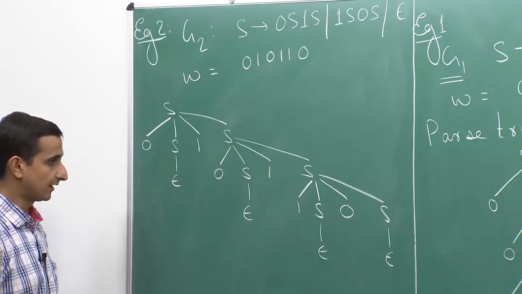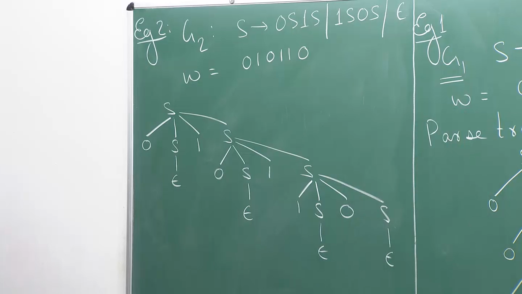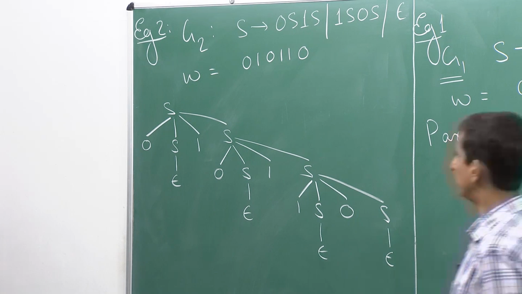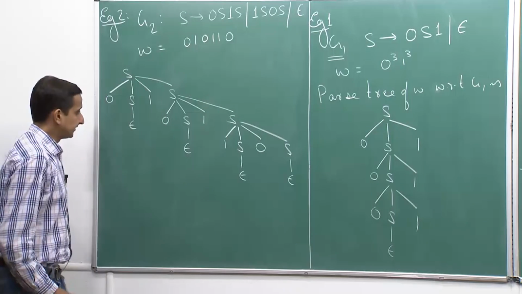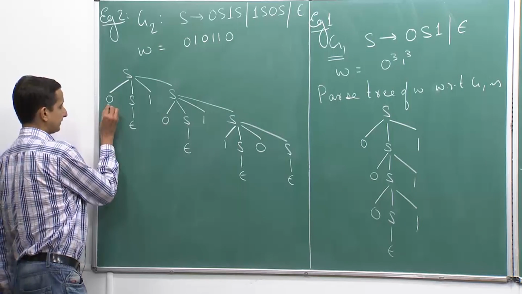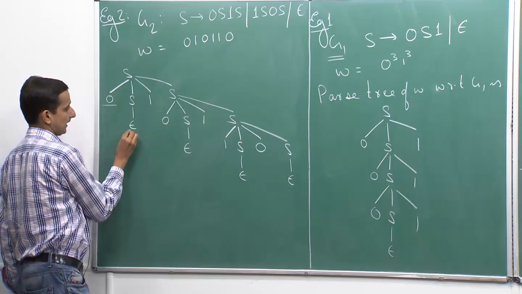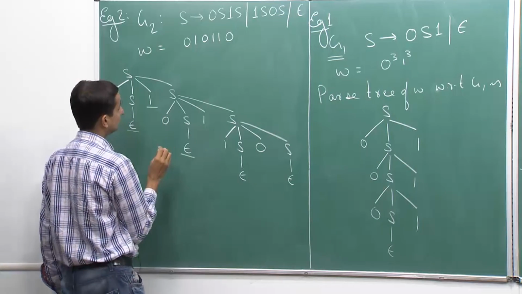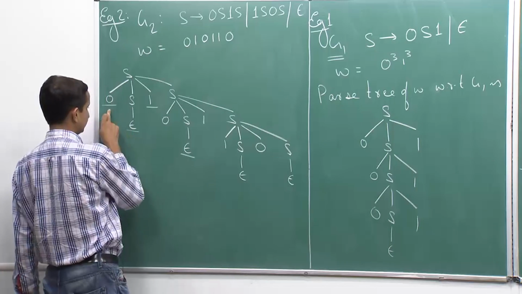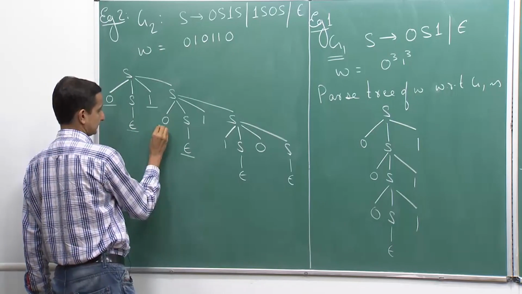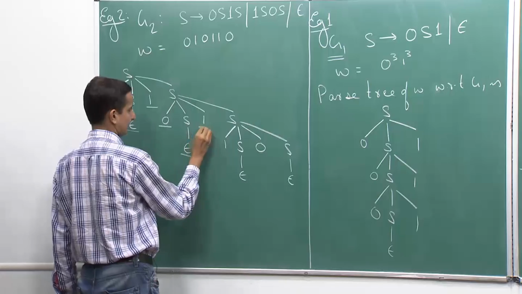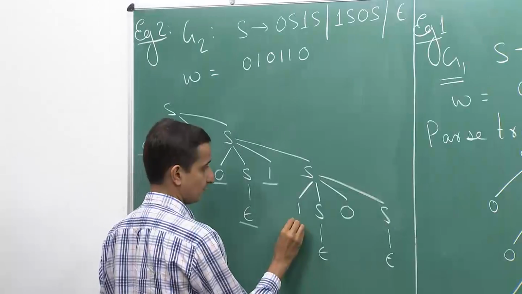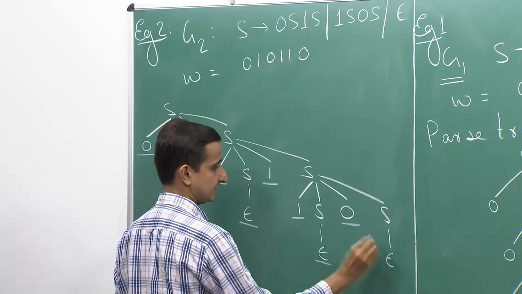Okay. So, now if I look at the concatenation of the leaves from left to right, I have 0 epsilon 1, then 0, then epsilon, then 1, and then again we have 1 epsilon 0 epsilon.